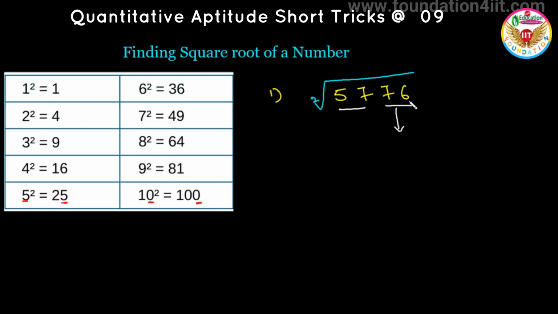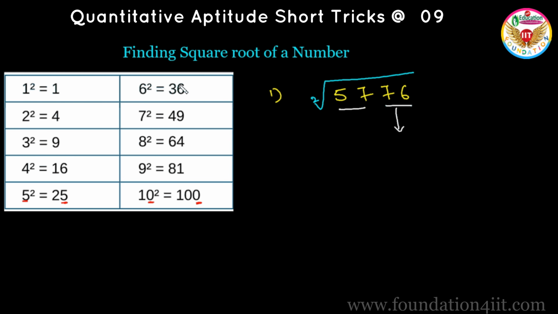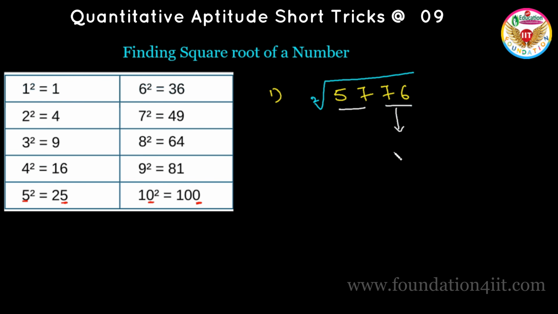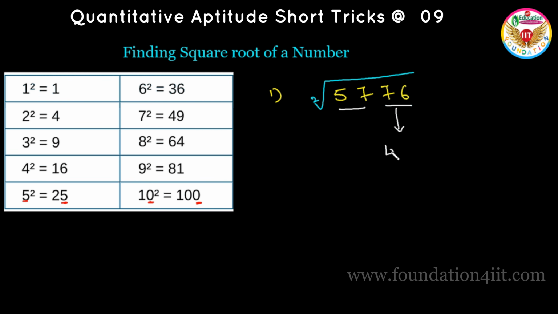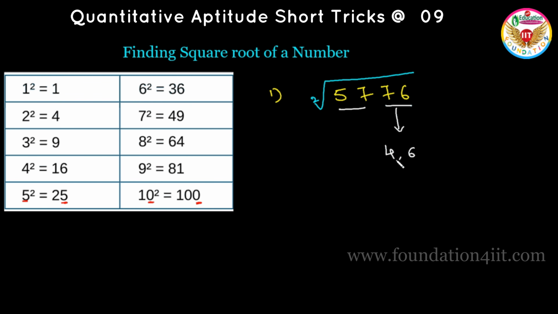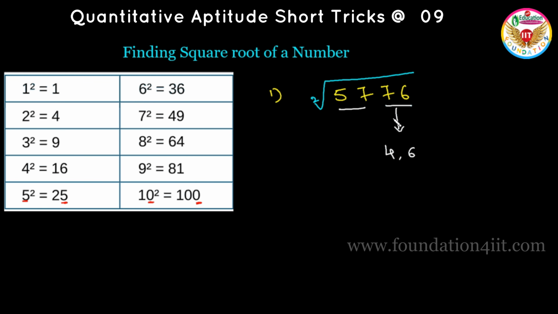If you observe, the last number is 6. But numbers ending with 6 have two options, either 6 squared or 4 squared. So the answer ends with either 4 or 6.